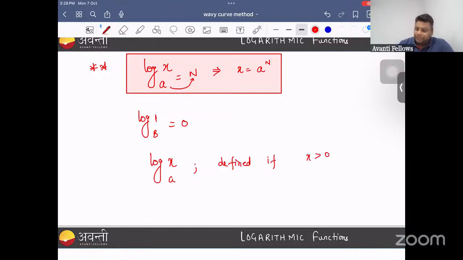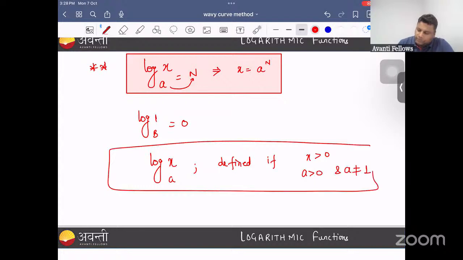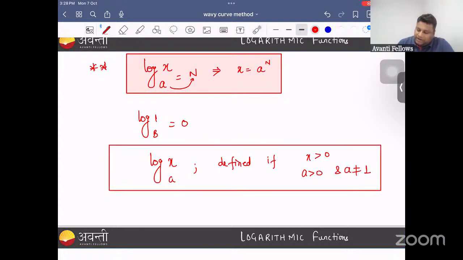Second, a should be more than 0 and a should not be 1. You just remember it. This log x base a is defined only if x is more than 0, a is more than 0, and a is not equal to 1. Am I correct?